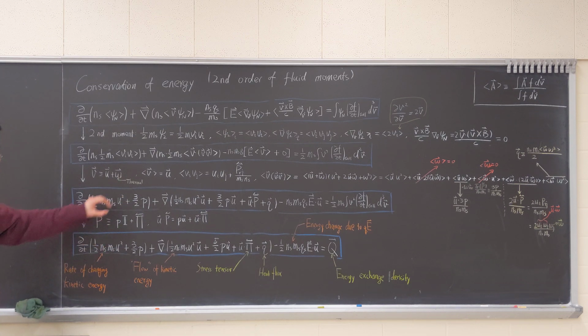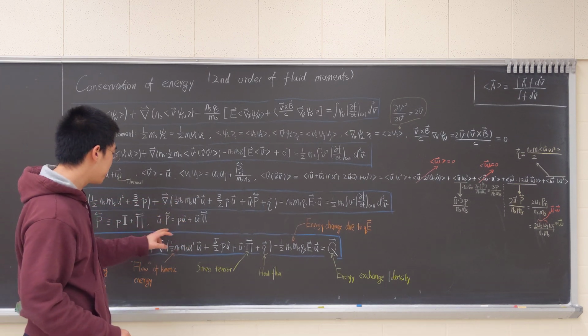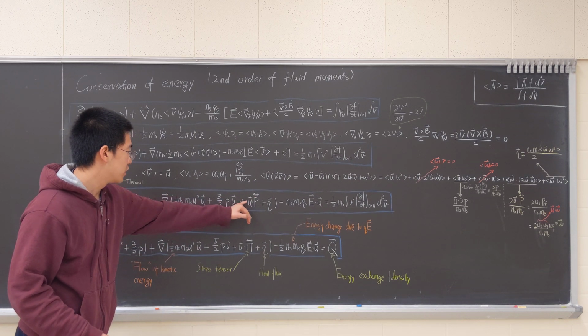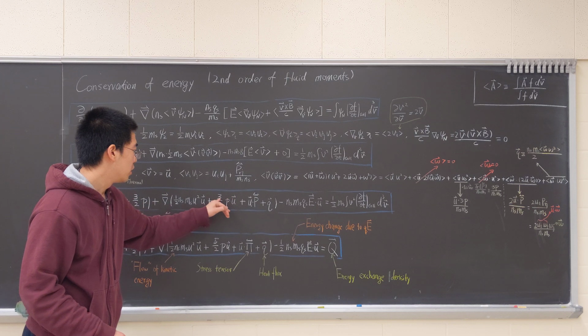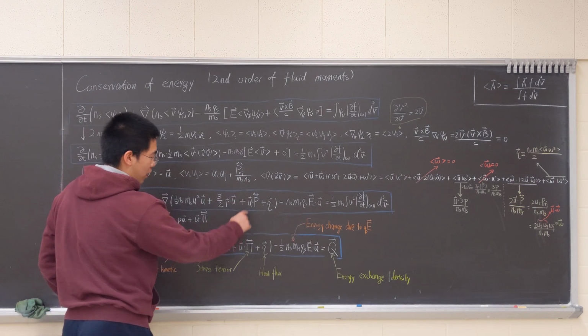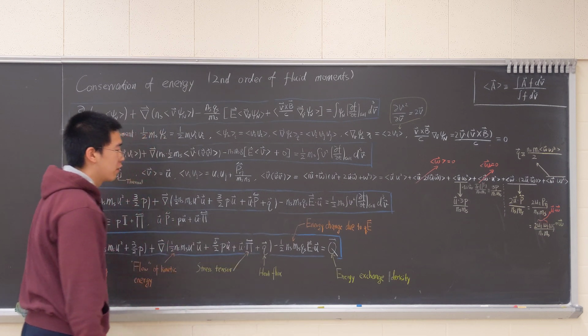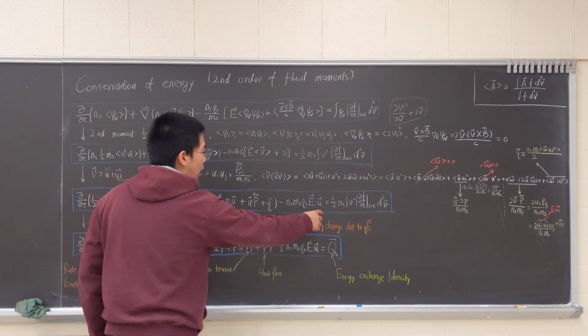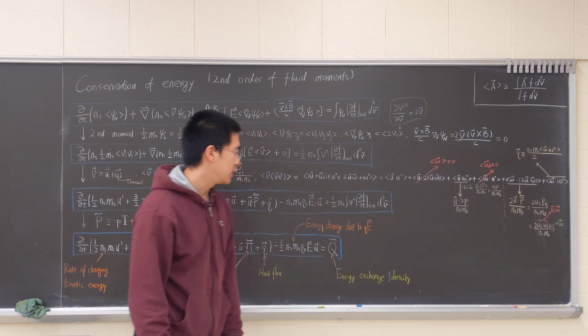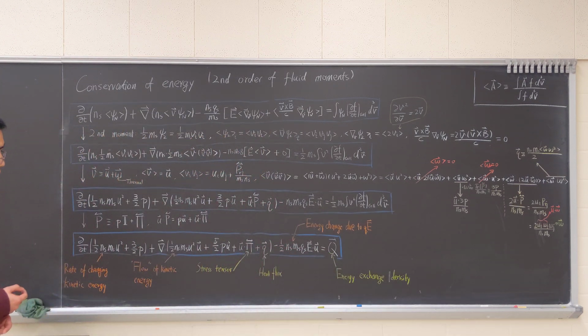So this stays the same, and we pretty much just add this to here. So we add 1, so it will become 5 half plus U pi. And we define this term as Q, energy exchange density. So here is our second moment of a fluid, second order of fluid moment.